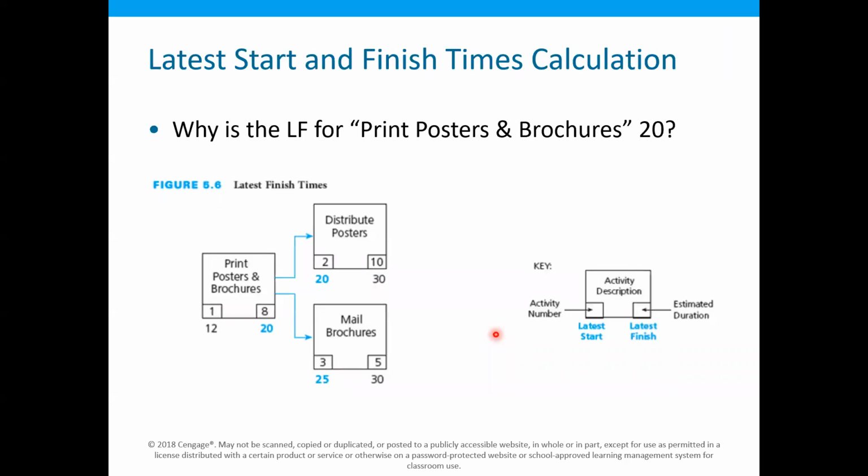So here you can see that if there are two activities, and there is one activity preceding these two activities, the latest finish time for that activity will be the lowest of the latest start times of these two succeeding activities. So if one is 20, the other is 25, you will take 20.